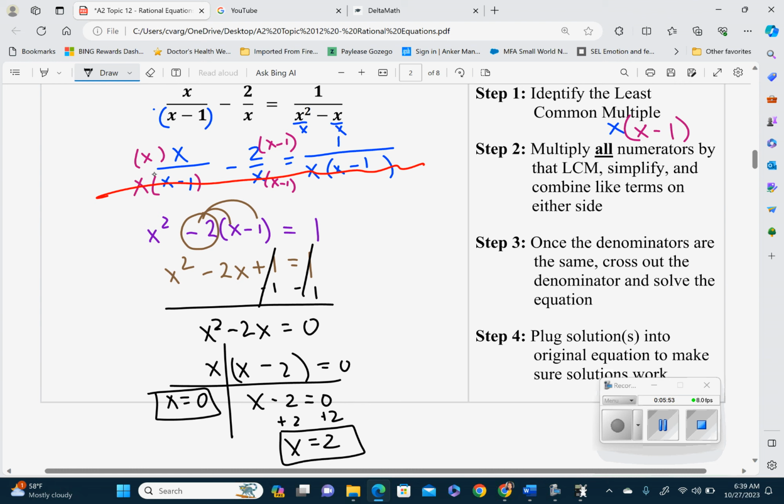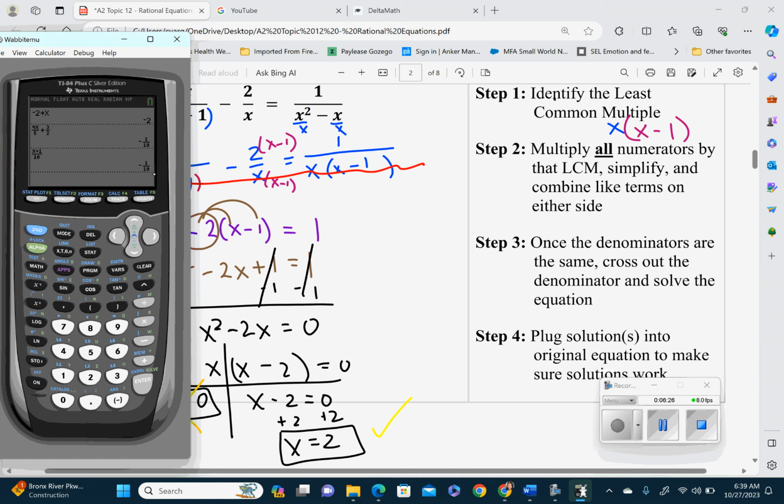And then over here, if I plug in the 2, that does work. So x equals 2 is going to be my only answer. And again, don't take my word for it. Store that number. So this is how you do it again: 0, you hit store into x, hit enter, and then you plug in the left, plug in the right, and see if they're the same thing, just like we did here for the other one.